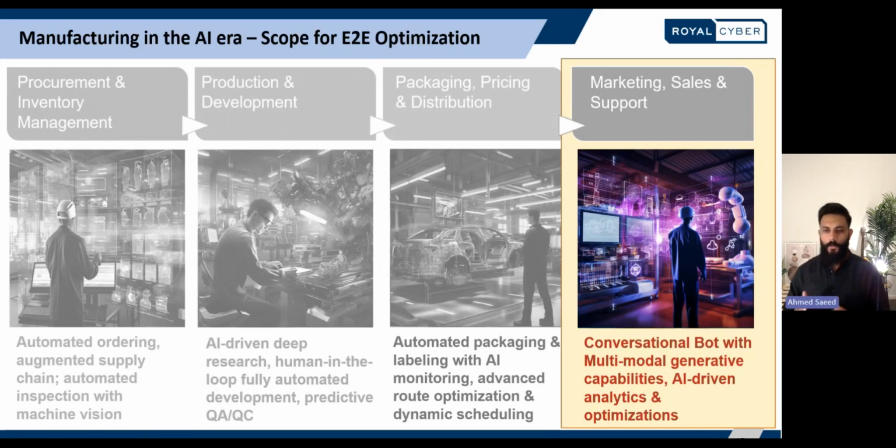But let's not overlook the latent value that lies dormant here, such as a 10% to 30% revenue uplift and up to 30% cost optimizations, according to some of the studies that we've been conducting. Now, while AI has been helping us optimize the first three pillars of manufacturing, as we just uncovered, applying it to marketing can unlock untapped potential.